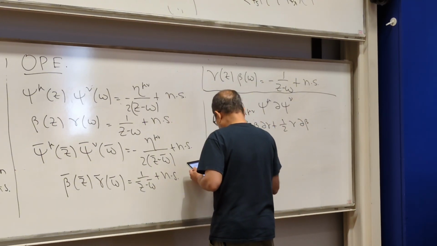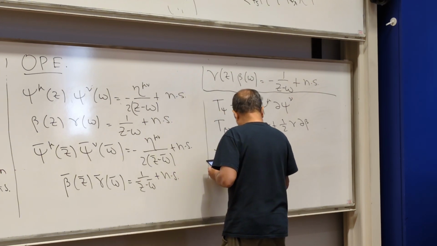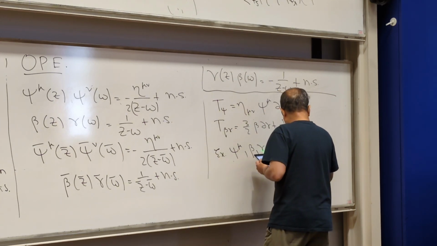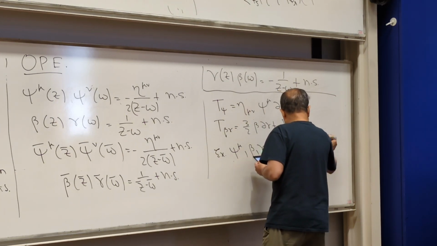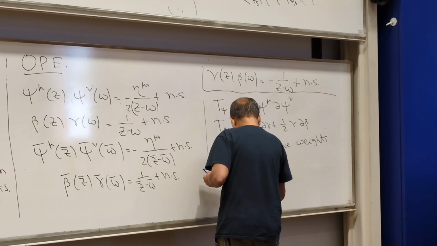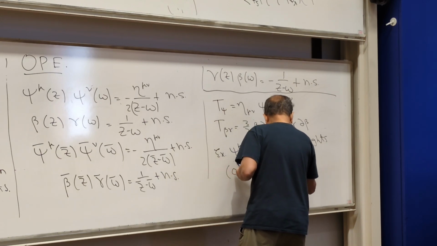With this, I'll leave it as an exercise to check that psi mu, beta, gamma have weights (0, half), (0, 3 half), and (0, minus half).